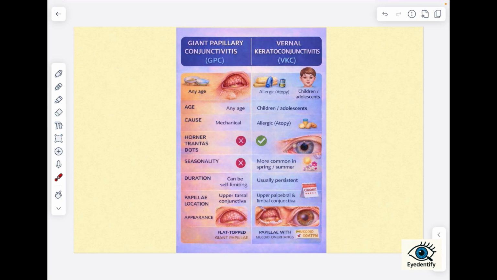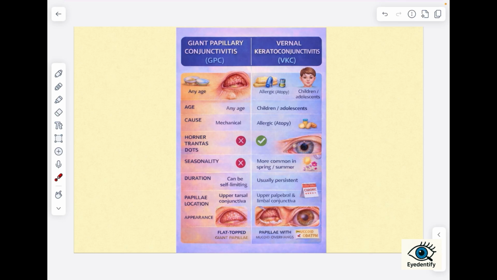So first we'll see what is vernal keratoconjunctivitis. Vernal is a Latin word which means spring or summer. So as the name suggests, this type of conjunctivitis happens most commonly during spring and summer season. So it is also called spring catarrh.